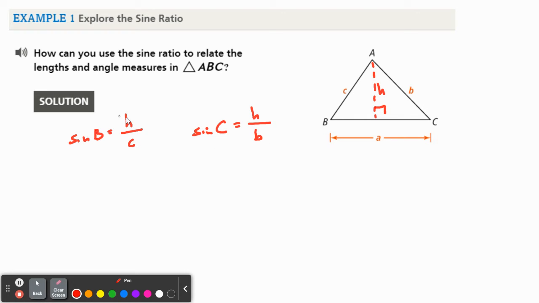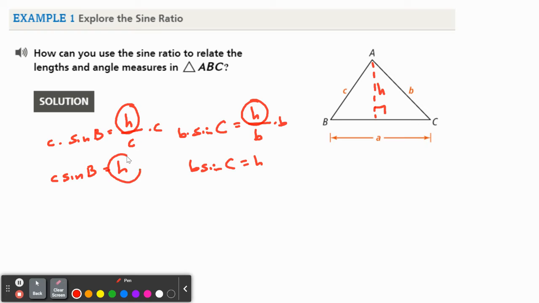Notice that both of them have an H in them. So we're going to multiply both equations by their denominator. Multiply this by lowercase c to get c sine of B equals H. And over here, multiply by lowercase b to get b sine of C equals H.